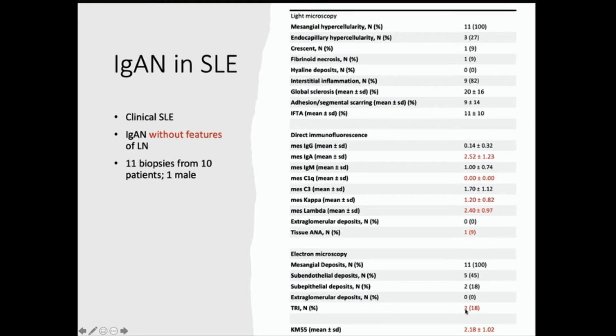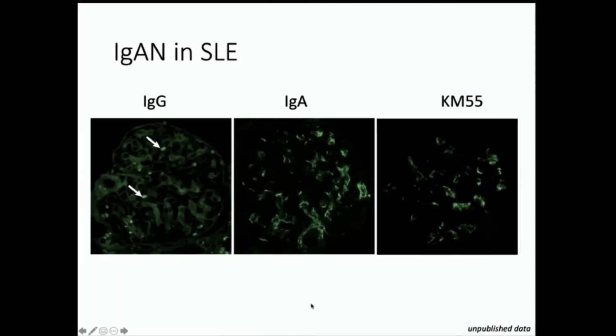And the KM55 staining average intensity is 2.18, which is a little bit dimmer than the routine IgA, but keep in mind the original IgA was stained on frozen tissue, while KM55 staining was done on paraffin tissue, which naturally is a little bit dimmer with higher background.